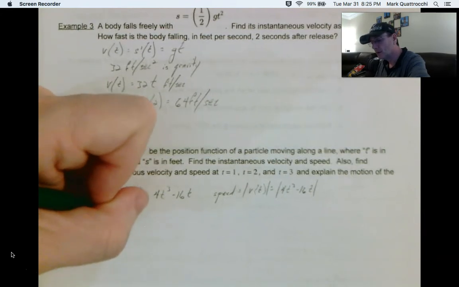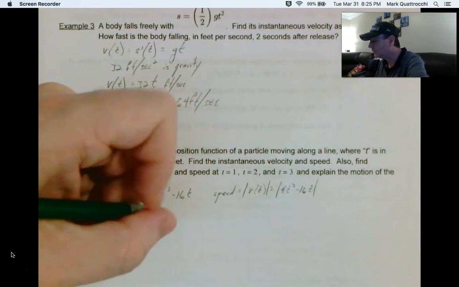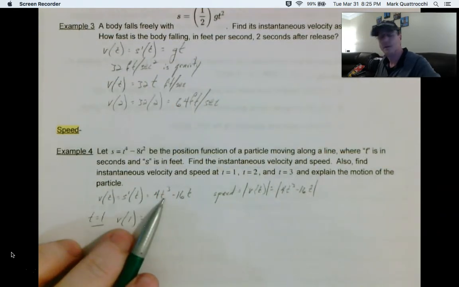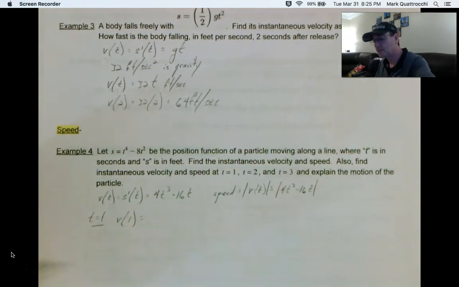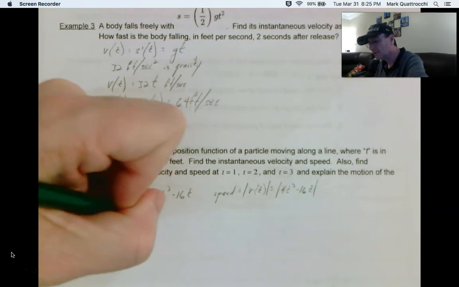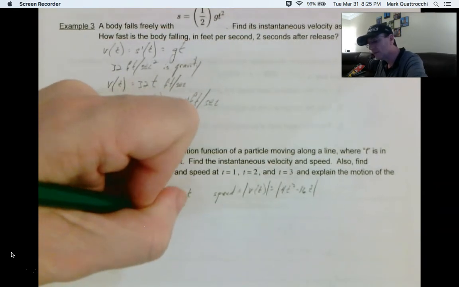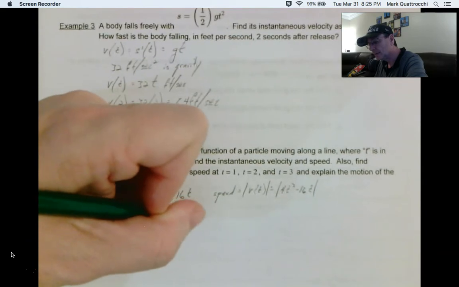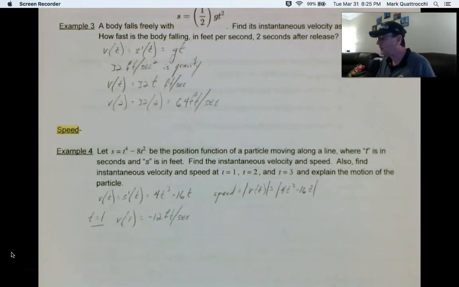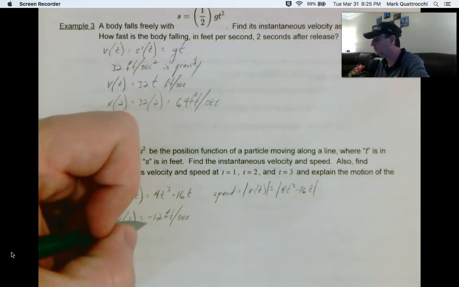Okay, when t is equal to 1, we want to find v of 1, which is equal to 4 times 1 cubed minus 16 times 1, or negative 12 feet per second, which means the particle's moving in a negative direction, whatever that direction may be. Down or backwards, left, right, whoever is defining this direction to be negative, that's what direction this particle is moving in.